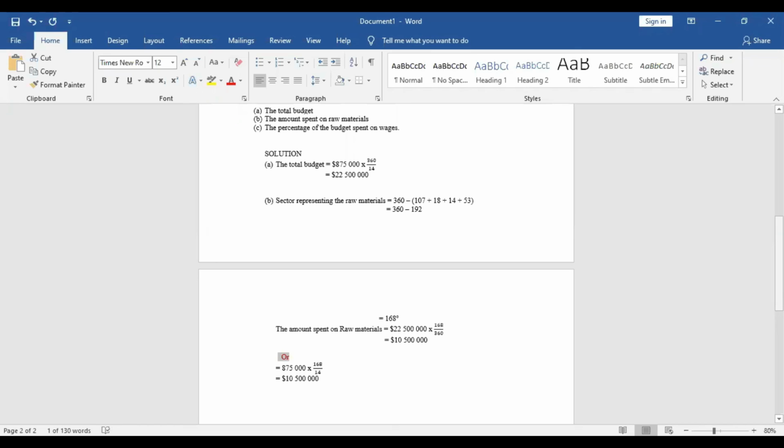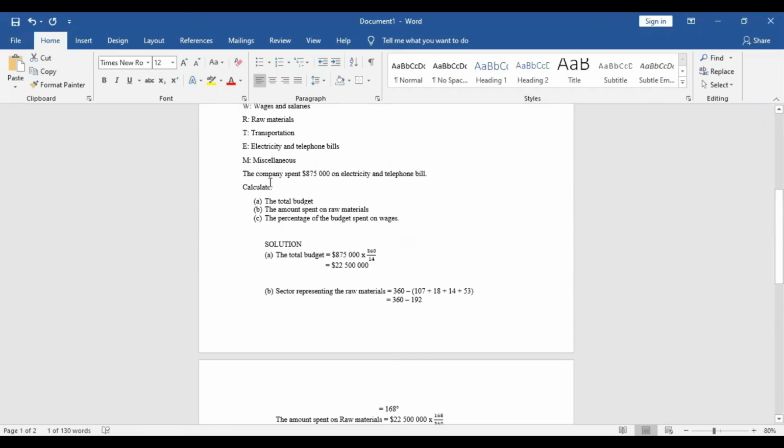All right. So Miss, how do we get the part of the total budget? How do you end up with the 360 over 14 again? All right. Remember, 14 degrees is what they gave us. They give us 14 degrees for electricity and telephone bills.